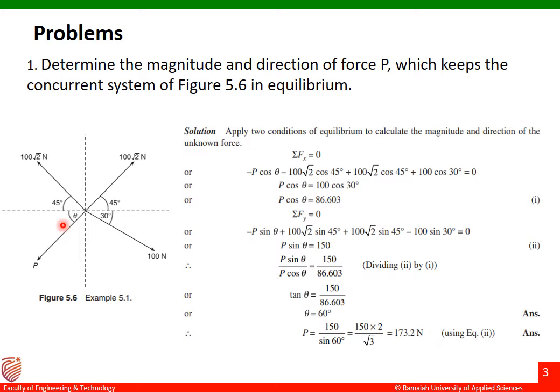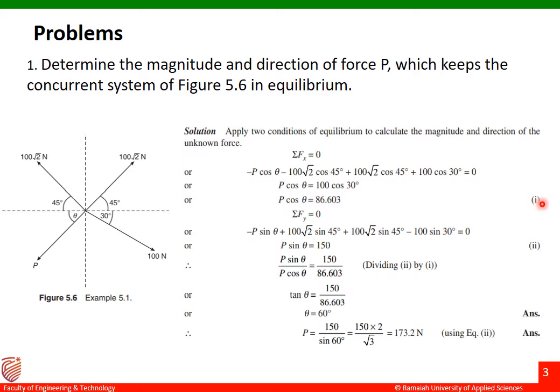So I'll repeat the calculation once again, that is minus P sin theta plus 100 root 2 sin 45 then plus 100 root 2 sin 45 minus 100 sin 30. Once we simplify this, we are going to get the answer for P sin theta as 150.